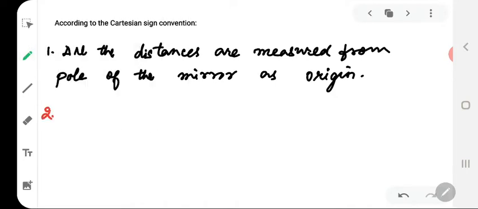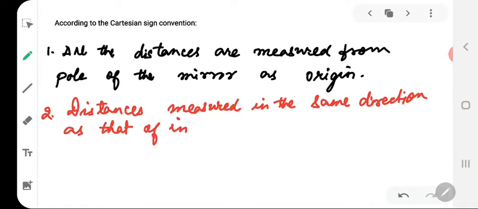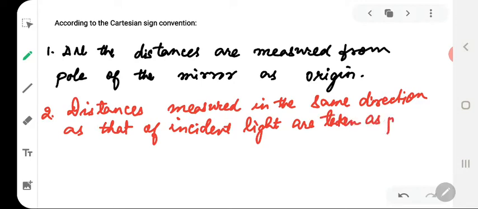Coming to the second one, distances measured in the same direction as that of incident light are taken as positive.